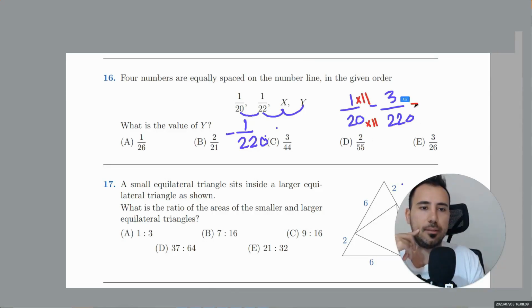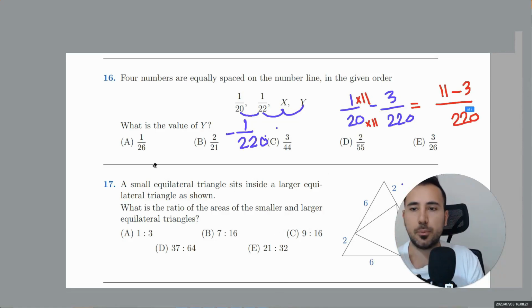So what we're going to get is 11 over 220 minus 3 over 220, which would be 8 over 220. And we simplify it by 4. We're going to get 2 over 55. Yes. Okay, so 2 over 55 will be B.